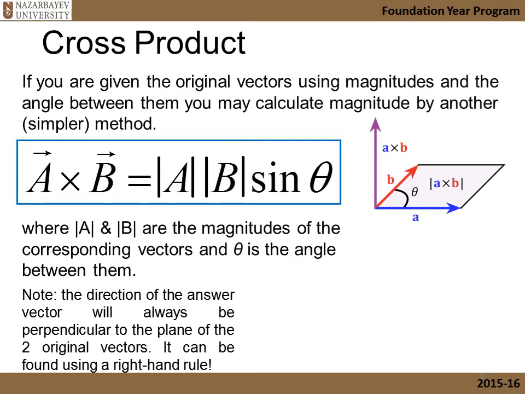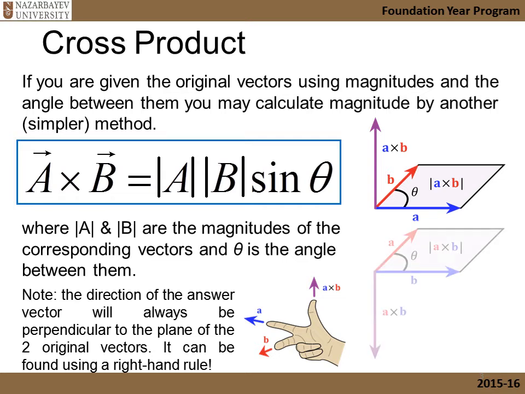This is the so-called right-hand rule. In this diagram we can see that our resulting vector is oriented upward, but if we interchange our vectors a and b, our resulting vector will be oriented downward.